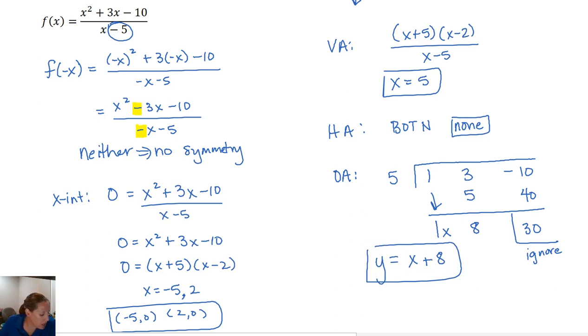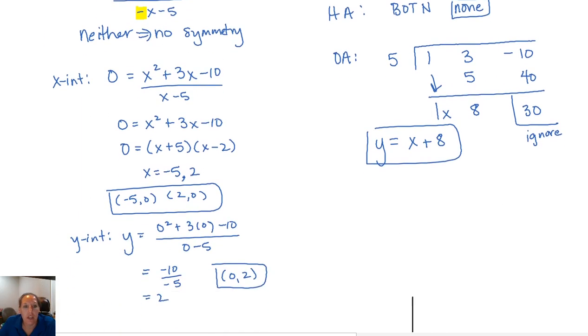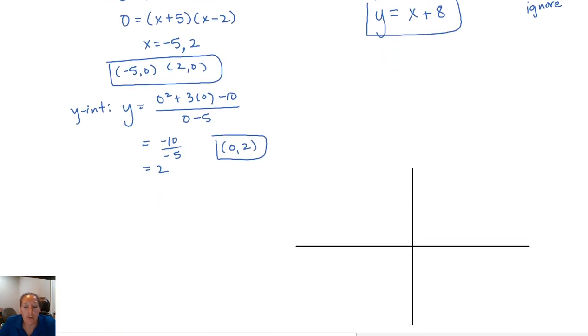And let's go ahead and look at our graph and see what we've got. All right, so no symmetry. We've got x-intercepts at negative 5 and positive 2.